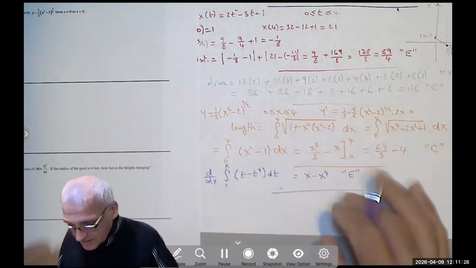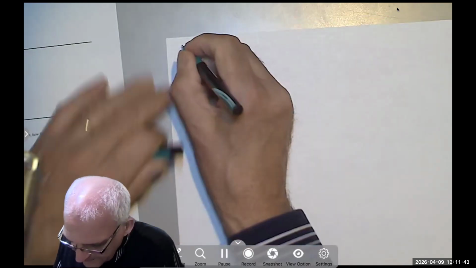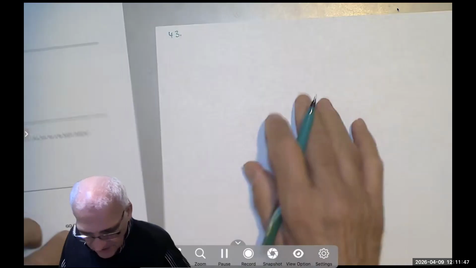The next one needs some space. Probably I'll get a new page sheet. And we look at number 43. We have 3 more. A cylindrical pool.